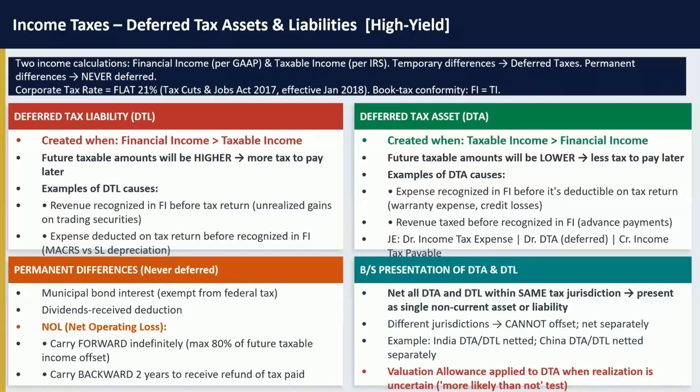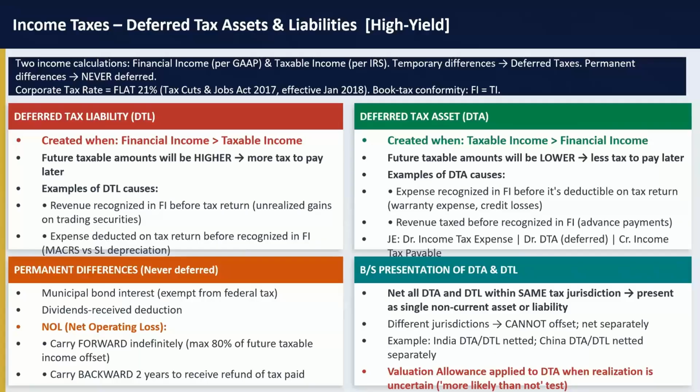Taxable income we have to report according to the rules of the IRS, the Internal Revenue Service, the body that has the authority for tax collections in the US. So there are separate rules for calculating taxable income and separate rules for calculating financial income. That is why this concept of deferred tax assets and liabilities exists.